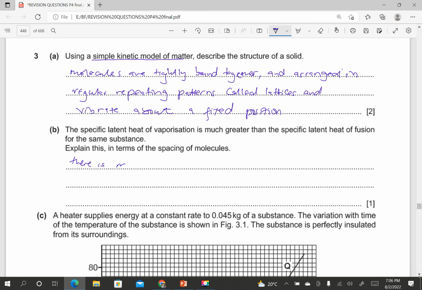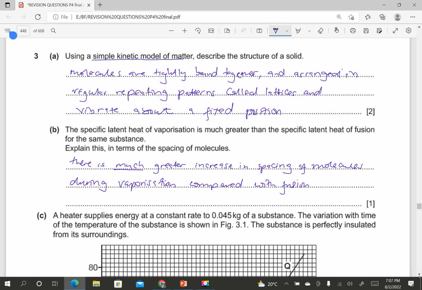So there is much greater increase, much greater, this is the most important word, in spacing of molecules during vaporization compared with fusion.